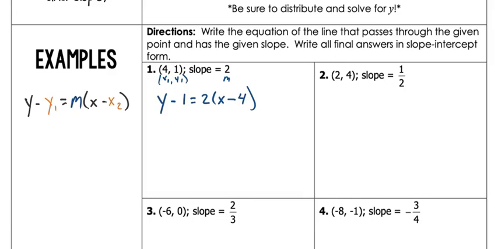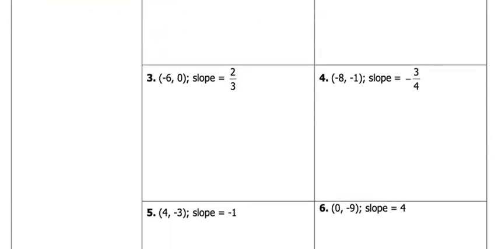Let's look at another one. Let's look at number 3 real quick. I have the same formula, y minus my y1. Where's my y1? My y1 is the 0, so y minus 0 equals my slope, 2/3, in parentheses, x minus -6. Now that's important. The formula says to subtract, and the x value is negative.